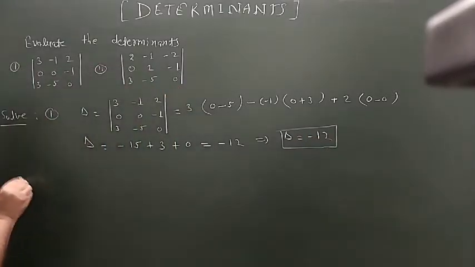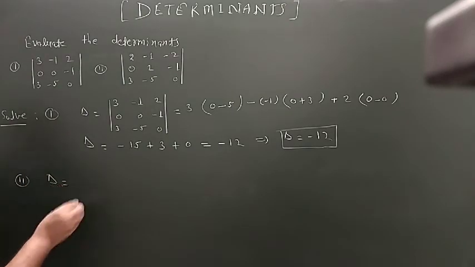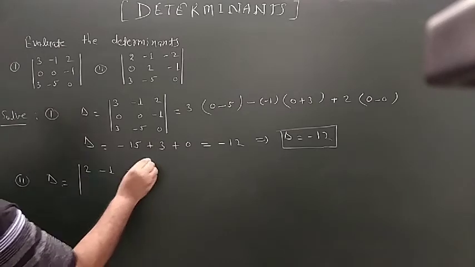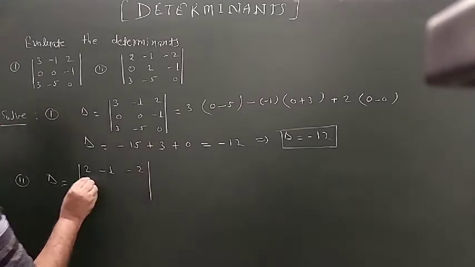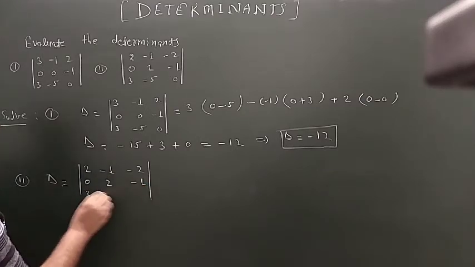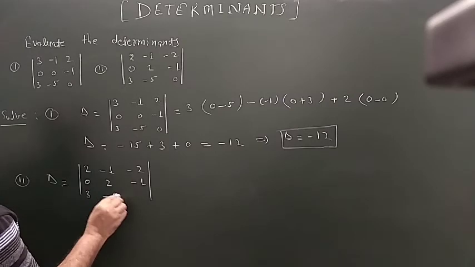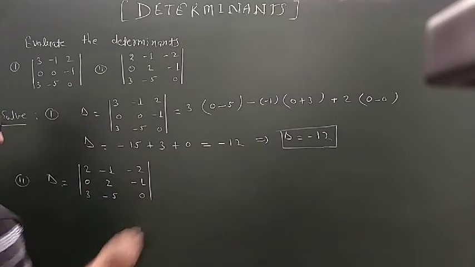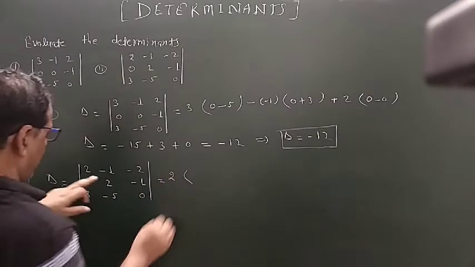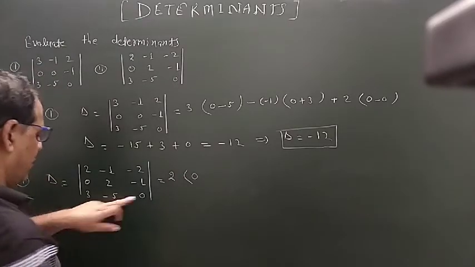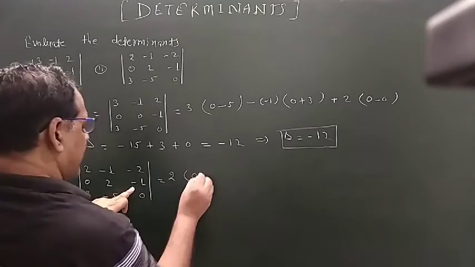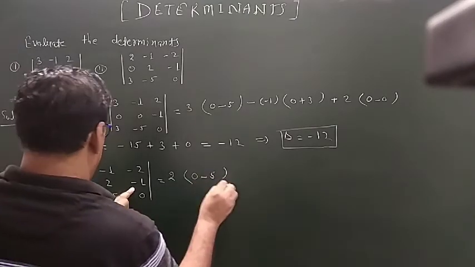The second, del equal to |2 -1 -2; 0 2 -1; 3 -5 0|. Open this, 2 is outside now. 2 multiplied with 0 becomes 0, minus minus 1 into minus 5, so this is 5.